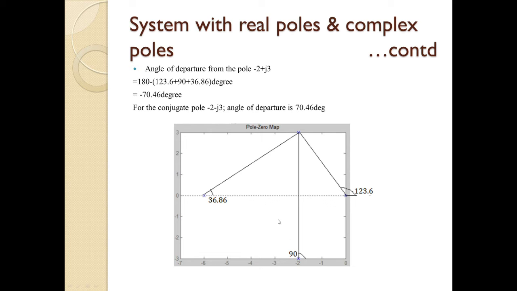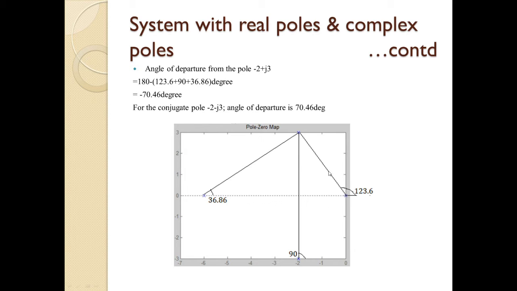You can measure this angle by using a protractor, or you can use the formula tan inverse y by x. So, after getting this angle, we are getting 123.6, here it is 90 degrees and this is 36.86. And one thing you have to remember is that you always measure this angle with reference to 0 degrees.